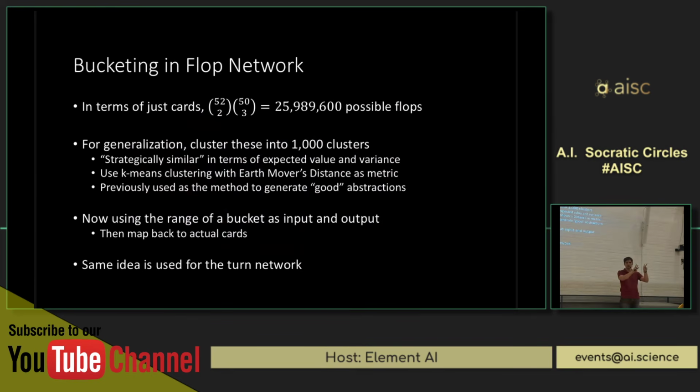You're going to get every combination of those, and you're going to cluster those 25 million into buckets of 1,000 clusters, where roughly those are supposed to be strategically similar. This was stuff they did long ago, where strategically similar means that the hands have the same expected value and variance. And then you're using just standard k-means clustering to come up with buckets of these cards.